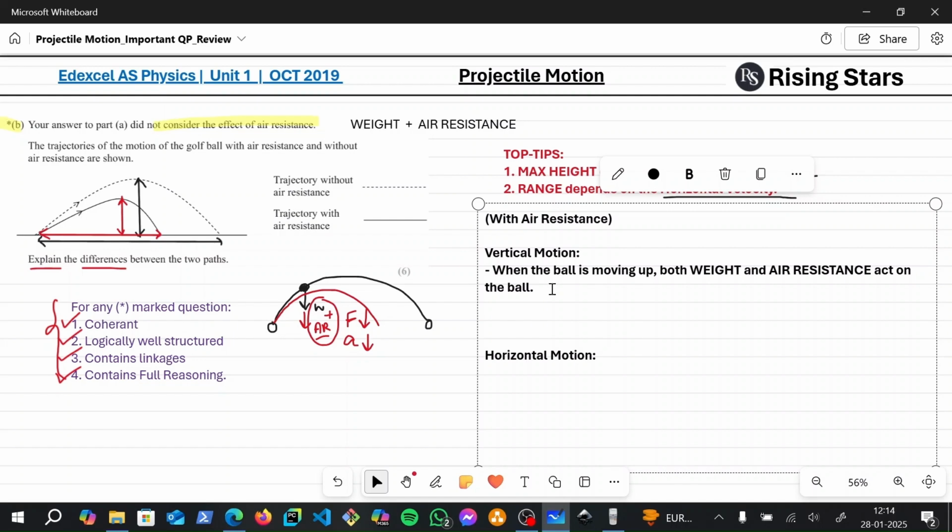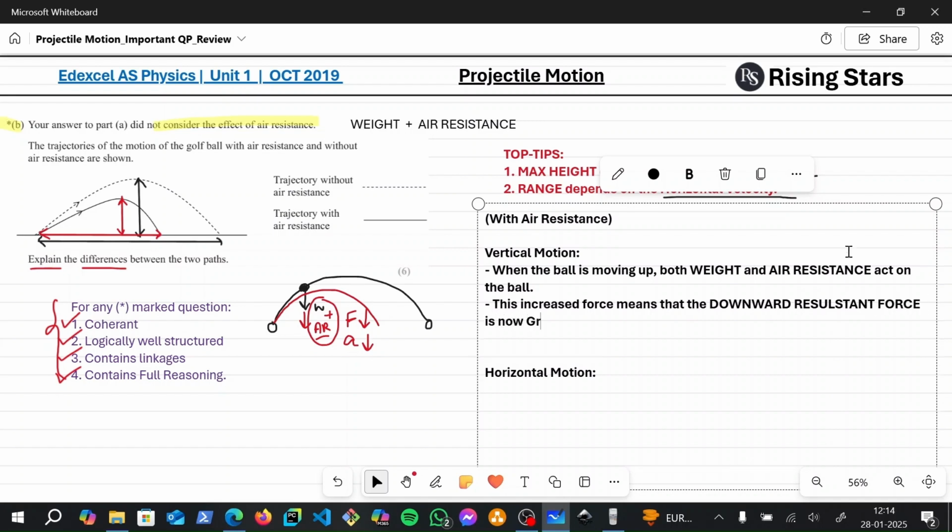The first thing to mention here is that this increased force means that the downward resultant force is now greater, as expected. If the downward resultant force is greater, there will be a greater deceleration. So the greater the force, the greater the deceleration downwards.